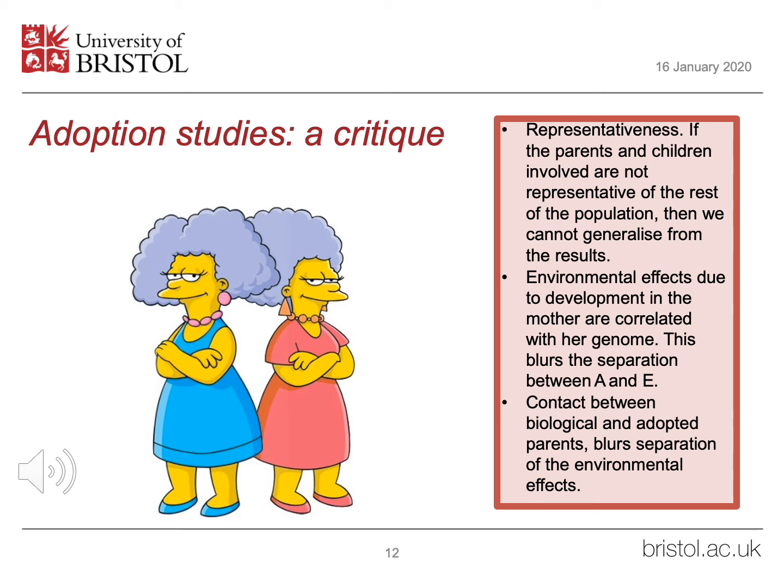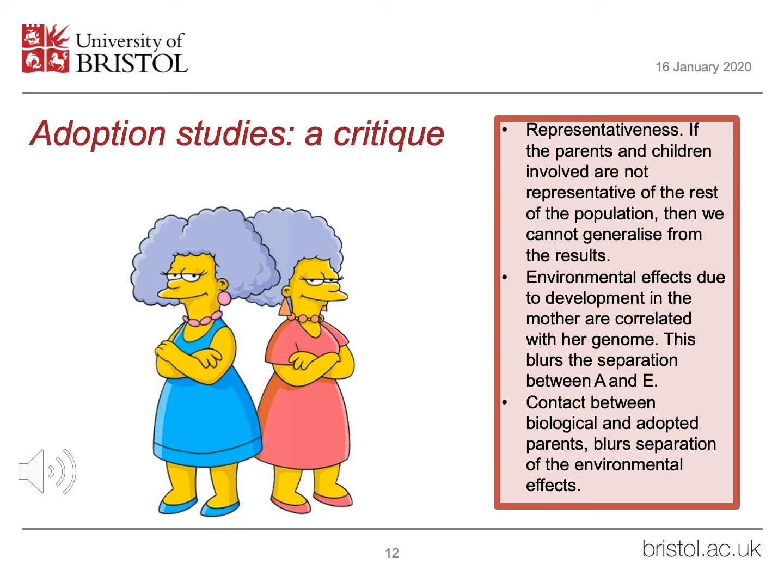The second assumption is that when a child is developing inside her mother's uterus, any effects of the environment on her growth will be correlated with the mother's genetic effects. This blurs the separation of genetic and environmental effects between the biological mother and her offspring.